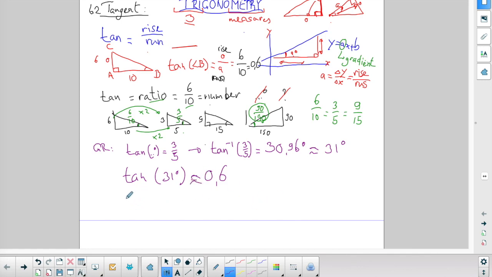Well, let's say I have another triangle, this one, and I take this angle to check, and over here it's 4 and over here it's 5.